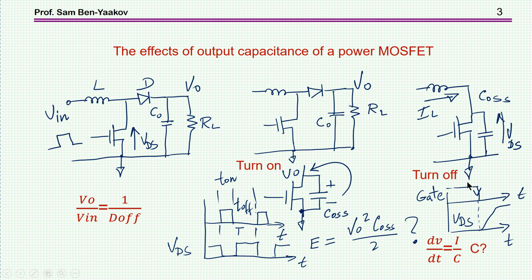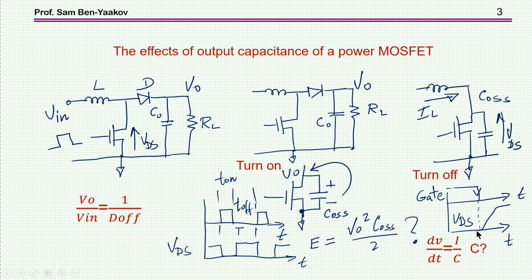And now the gate is down, the current is down, and therefore the current of the inductor is now passing through this output capacitance. And there is a certain rate of rise of the voltage, VDS, according to dV/dt equals I over C. The larger the C, the slower is the rate.